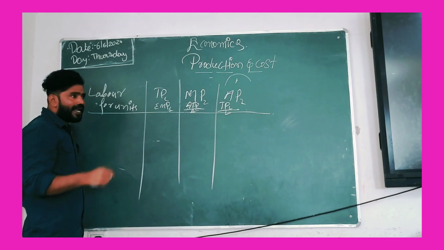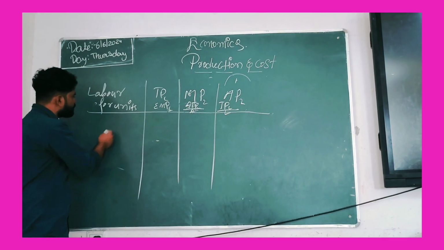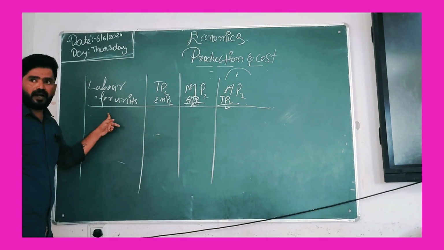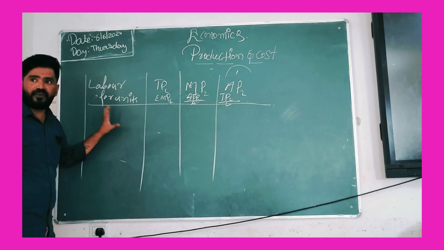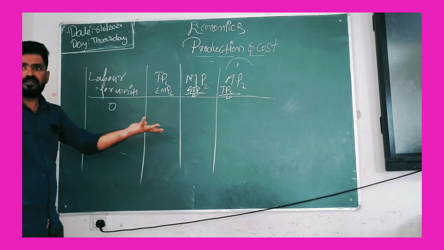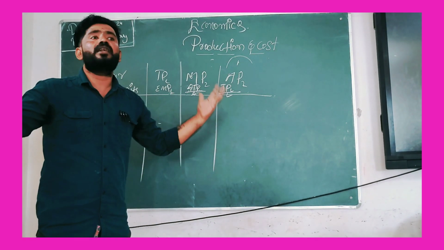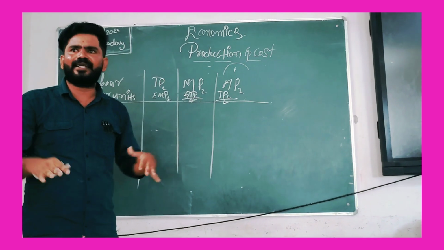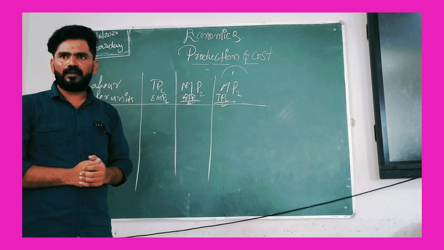Here, understand, these are the labor units. Suppose a firm is using 0 units of labor. The firm is not using any labor, for example a shoe factory or biscuit factory, any factory.